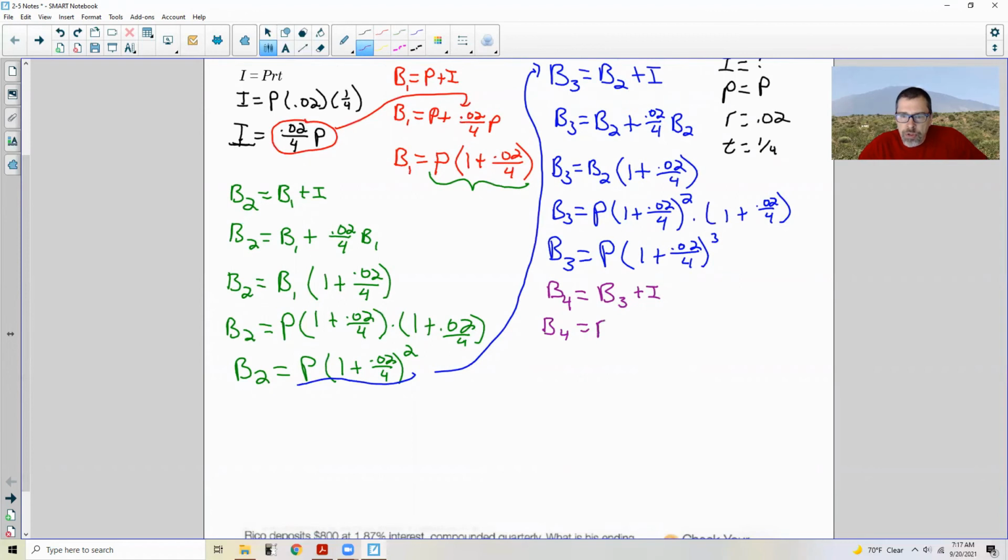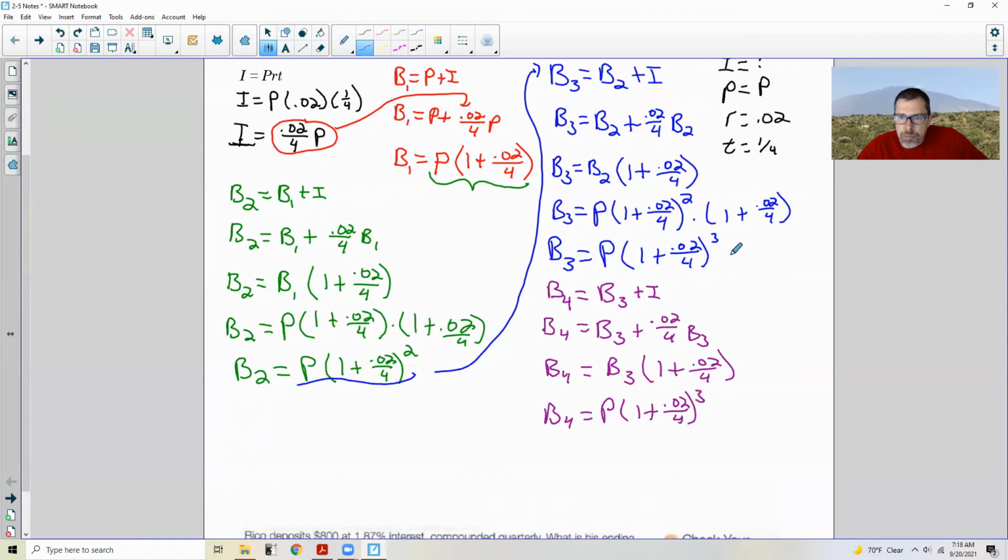Well, B sub 4 is now going to be B sub 3 plus 0.02 over 4 B sub 3. Now B sub 4 is going to be equal to, and we're going to take that B sub 3 and factor it out, and it's going to be 1 plus 0.02 over 4. Okay, well, B sub 4 is now going to be B sub 3, which is P times 1 plus 0.02 over 4 cubed.